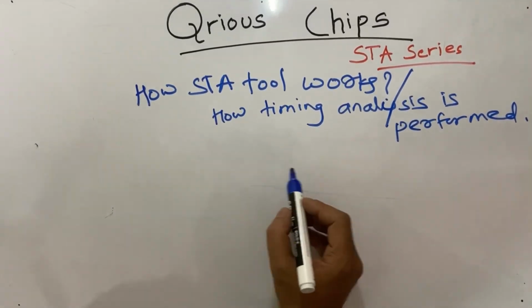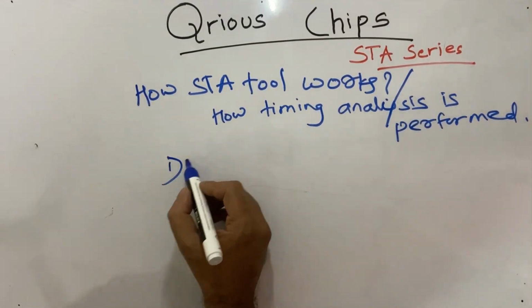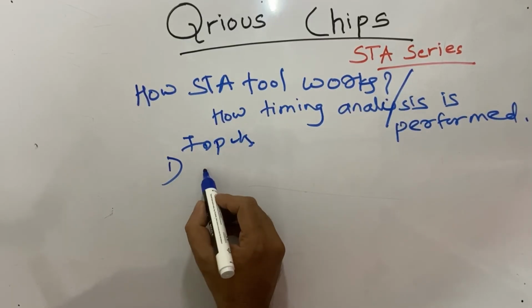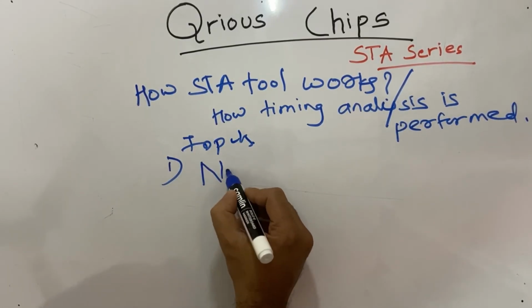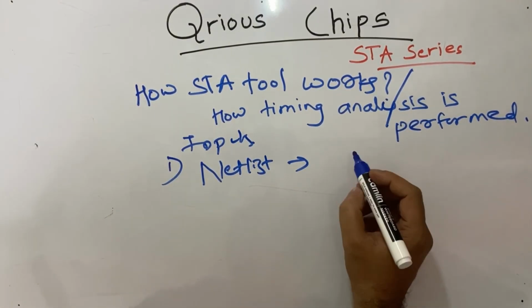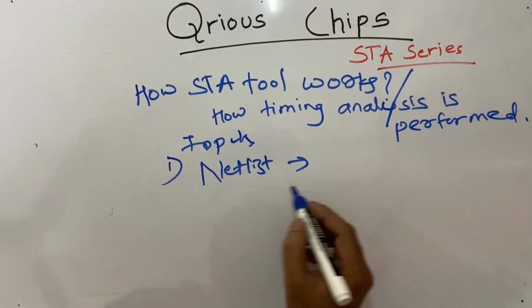So whenever we perform any timing analysis, we need some inputs, right? So what does that consist of? Netlist, as in gate level netlist from the different stages of the design phases.